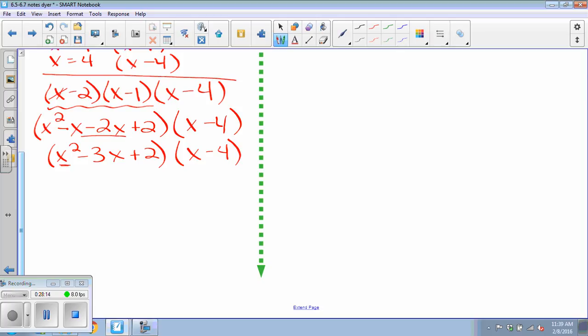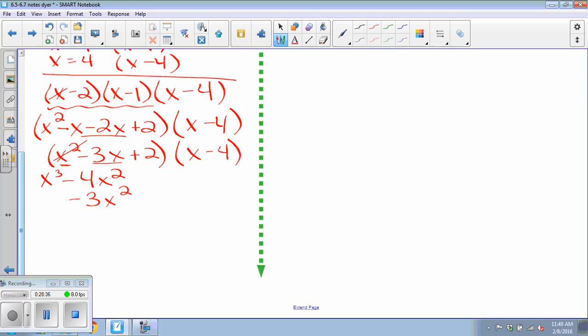So first I distribute the x squared. So x squared times x is x to the 3rd. Then x squared times negative 4 is negative 4x squared. So I'm done distributing that one. What do I distribute next? The negative 3x. So negative 3x times x is negative 3x squared.